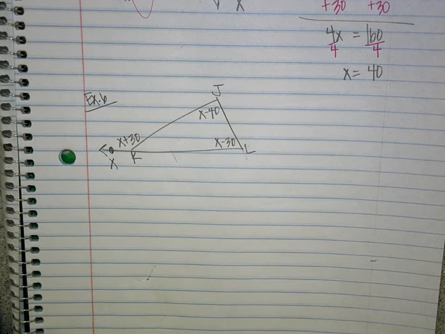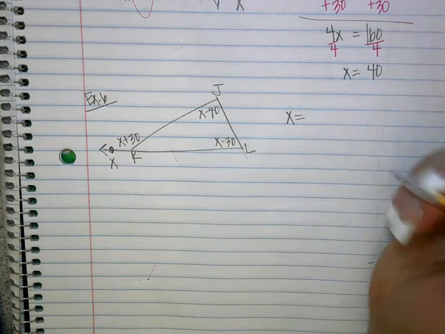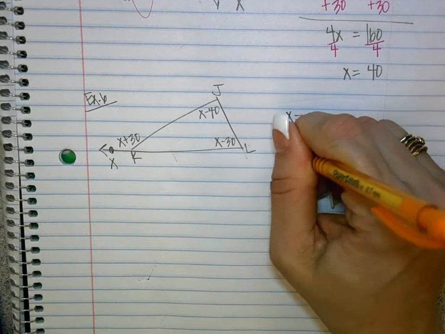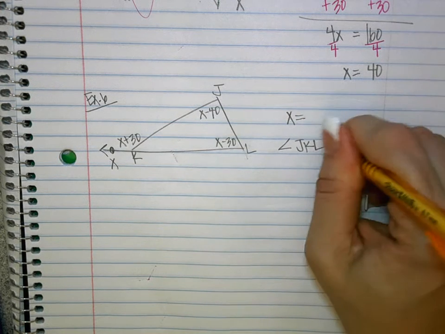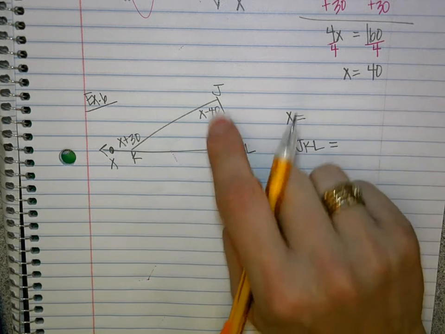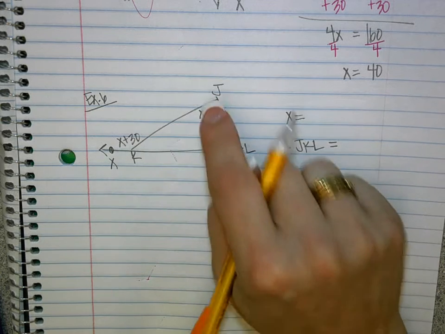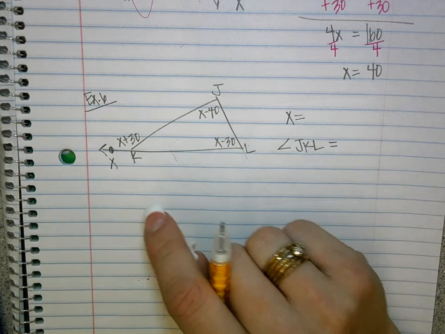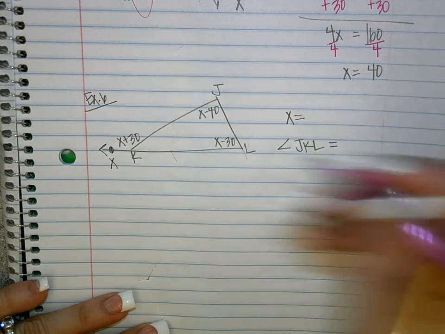But that's okay. I'm going to ask you to find the value of x as well as the measure of angle JKL. Since there are not just plain number answers, I can't just add these together. But I can still solve. How can I make an equation? X minus 40.